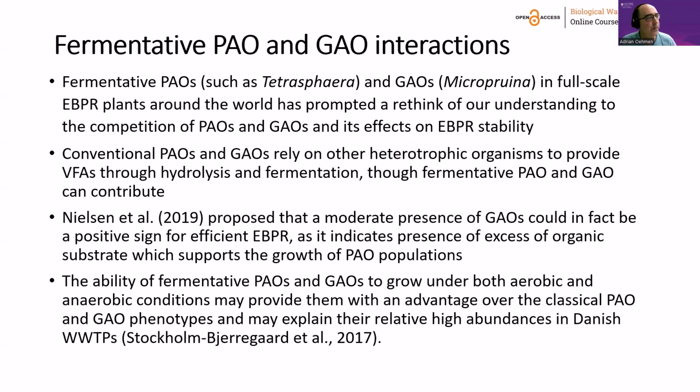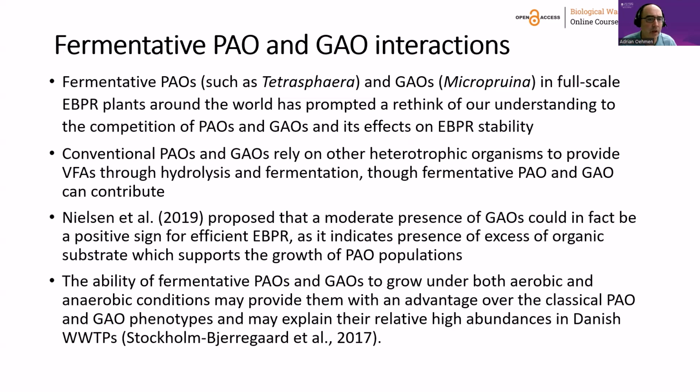There are also fermentative GAOs that have been identified, known as Micropruina. These have been found in full-scale EBPR plants in different locations. And they've also prompted a rethink in terms of our understanding of how the competition between PAOs and GAOs works and its effects on EBPR stability.